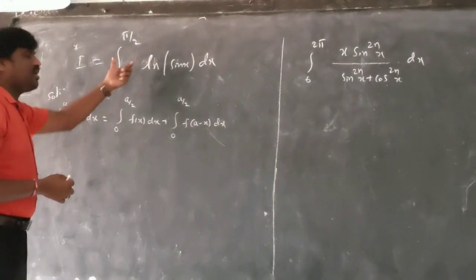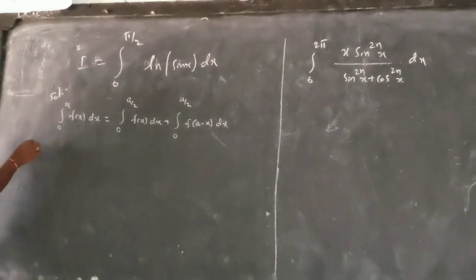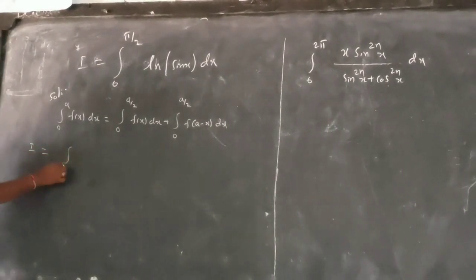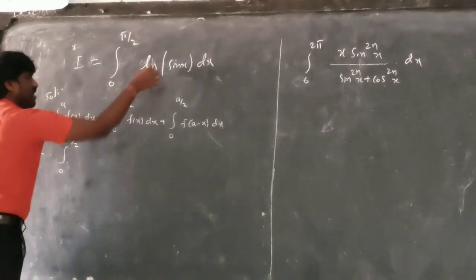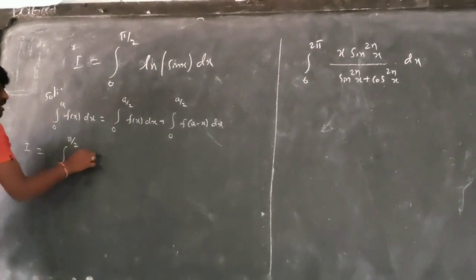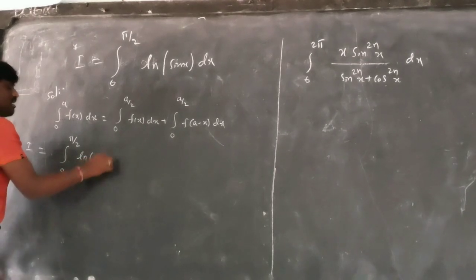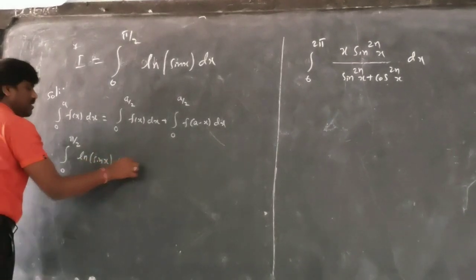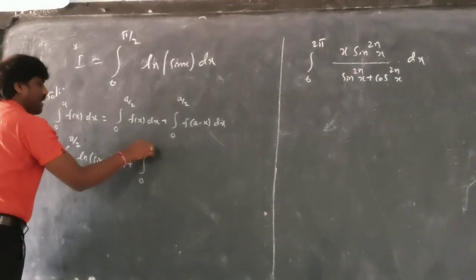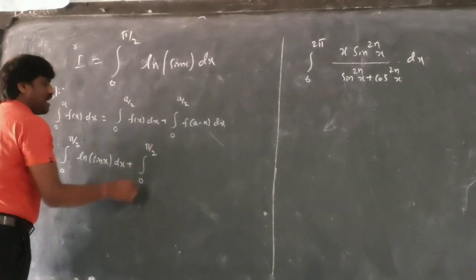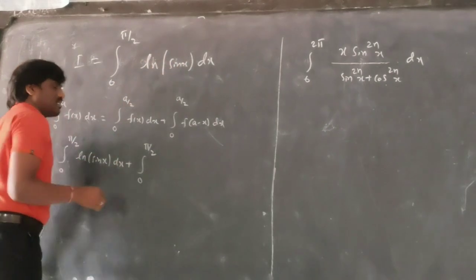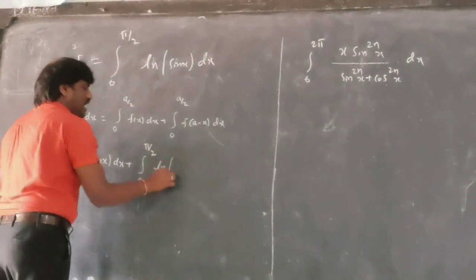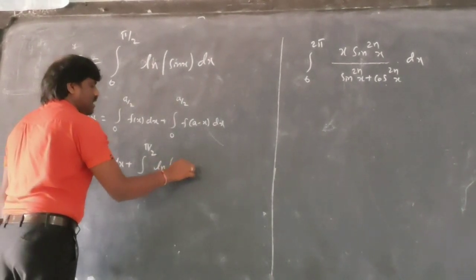So applying the king rule for this one, I get I is equal to integration from 0 to pi by 2 of f(x), which means ln sin x dx, plus integration from 0 to pi by 2 of ln sin(pi by 2 minus x).